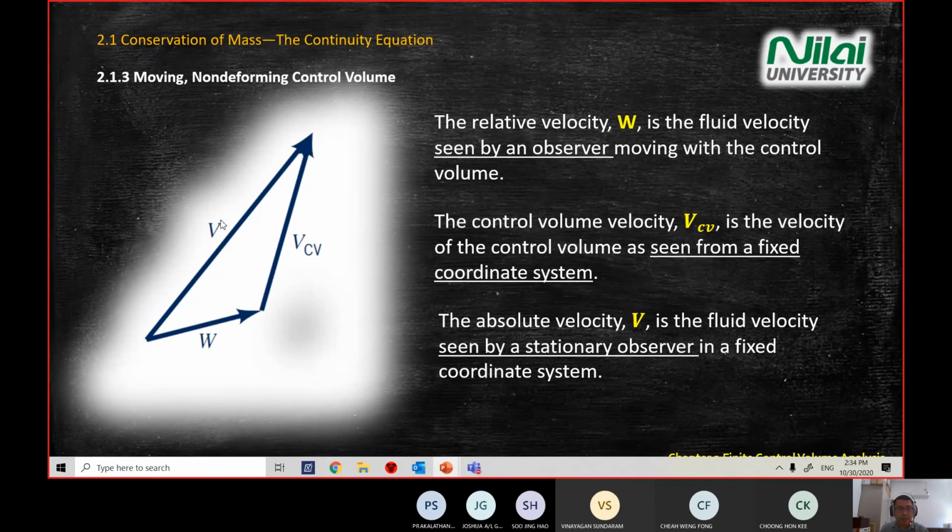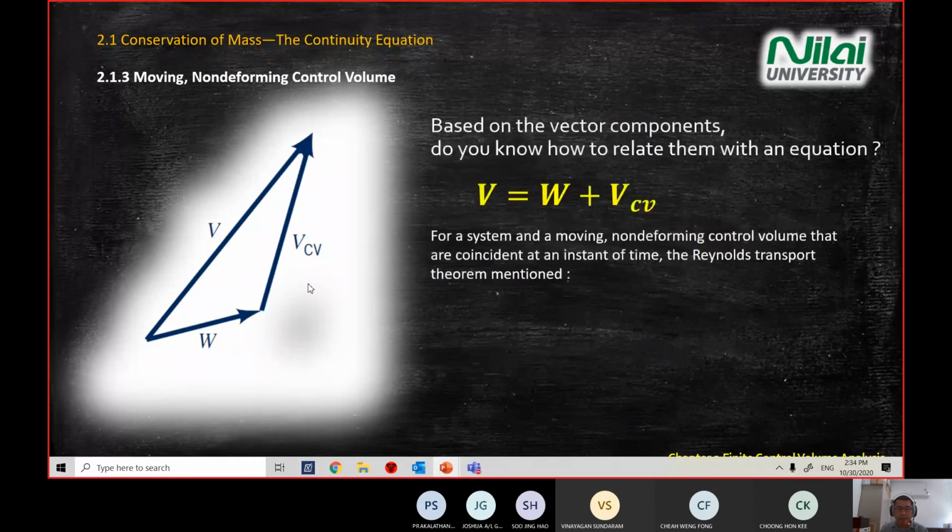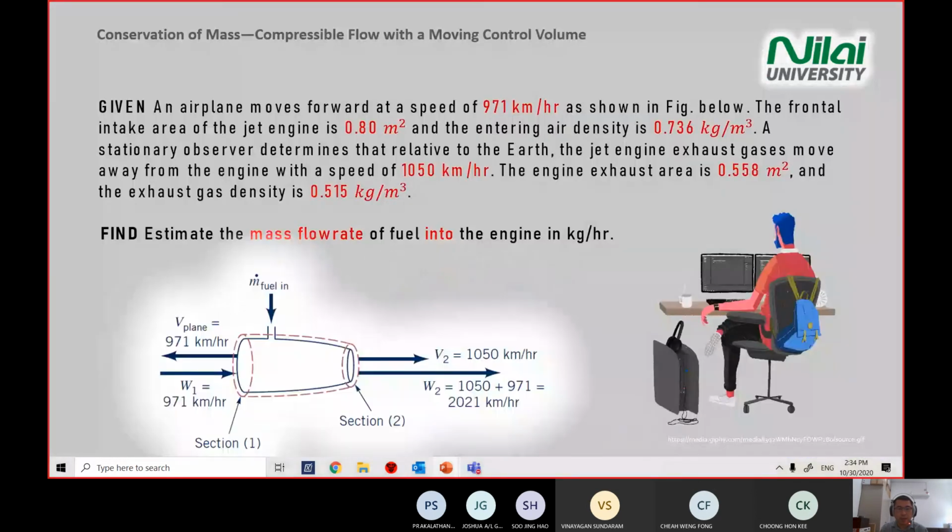Here you see your V can consist of W, the relative velocity, and also the control volume velocity right here. Then last week we looked at an example of an aircraft engine, right?